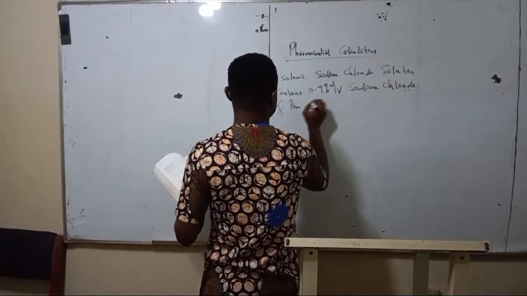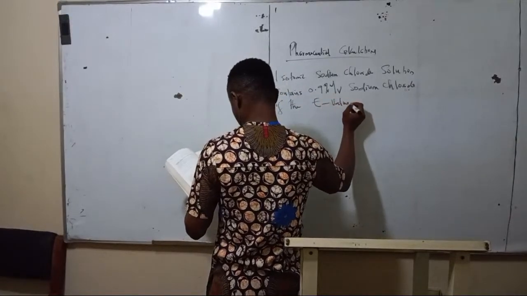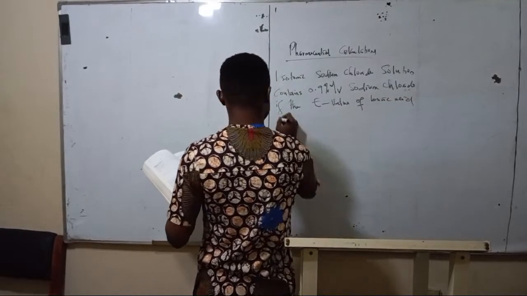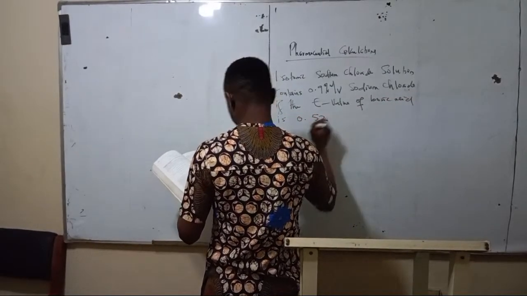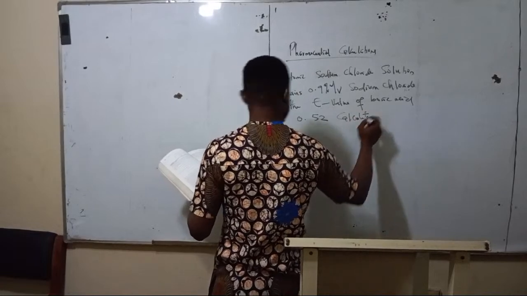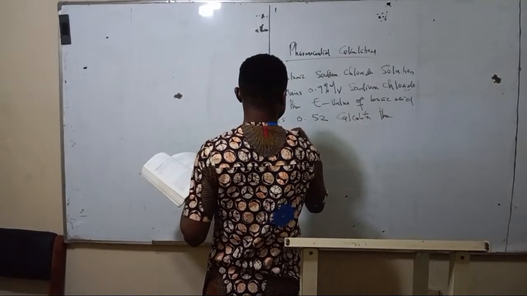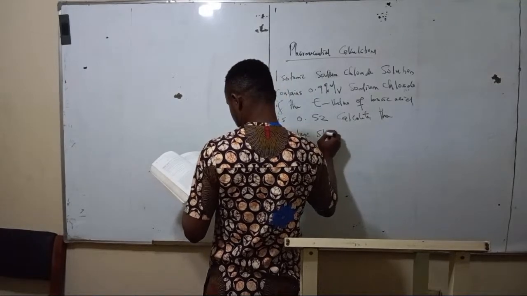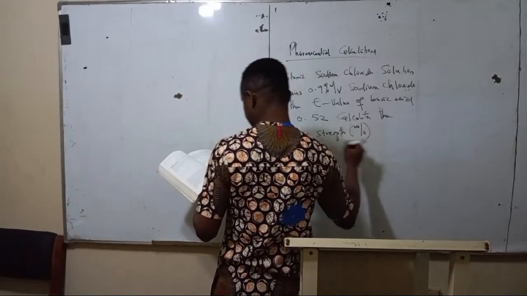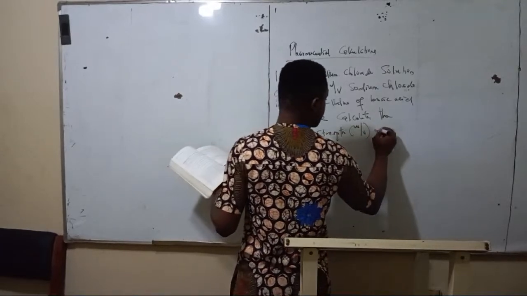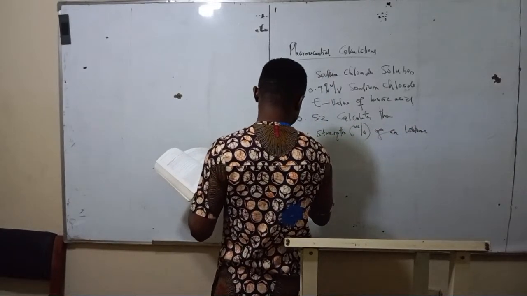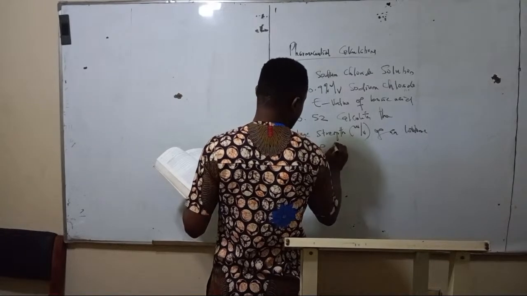If the E value of boric acid is 0.52, calculate the percentage strength weight in volume of an isotonic solution of boric acid.